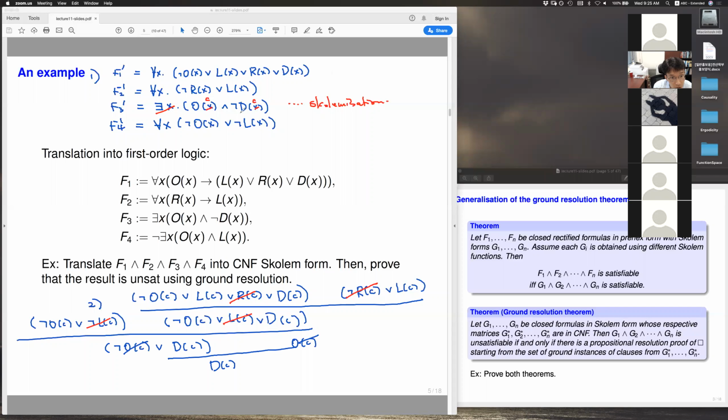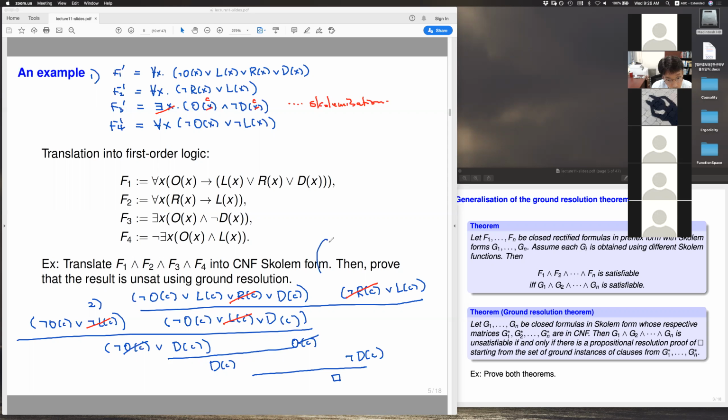Finally, we use the other clause in F3 prime, which is negation of D of C. You apply the resolution step here, that's going to produce a box, because these get canceled, nothing left, which corresponds to box, which means false. So we derive the contradiction here.